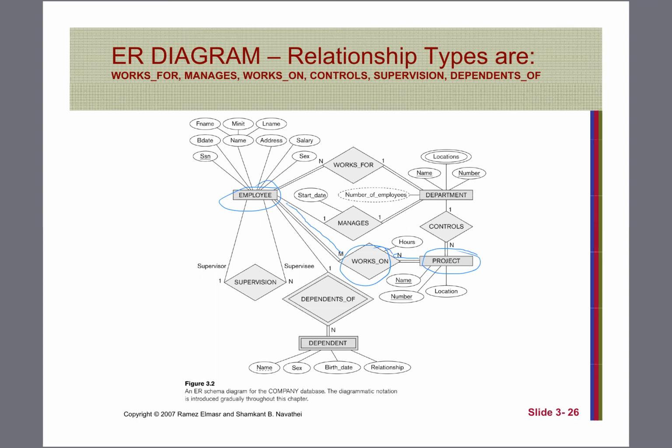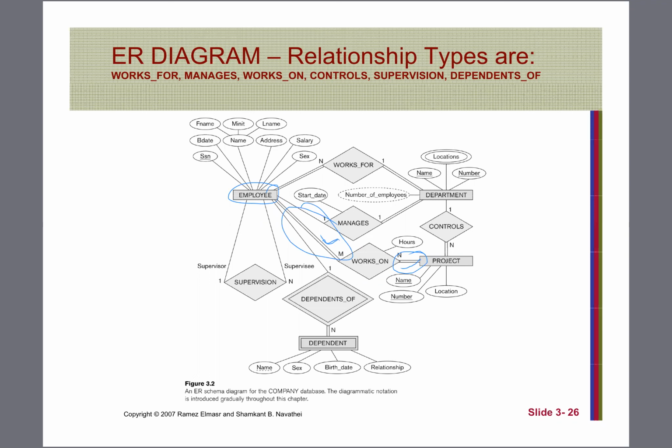You can see that both sides are complete participation, so you can see double lines here and double lines here. In that case, the meaning goes the same: every project is worked on by employees and every employee works on a project. Both sides are complete participation. So this is what is meant by those double lines.